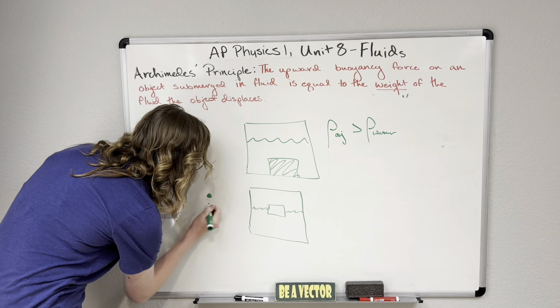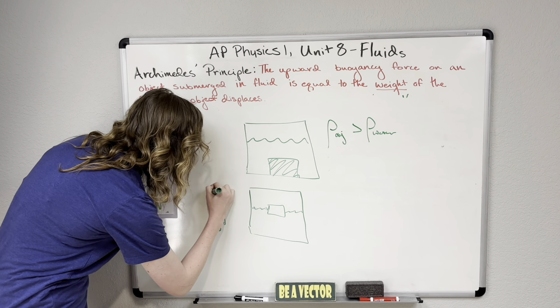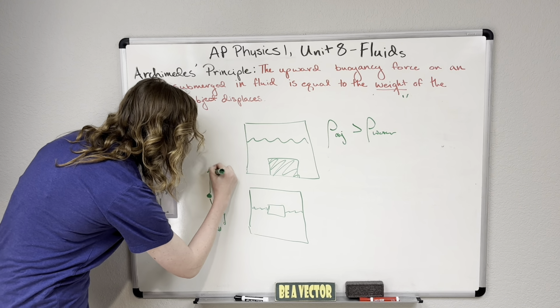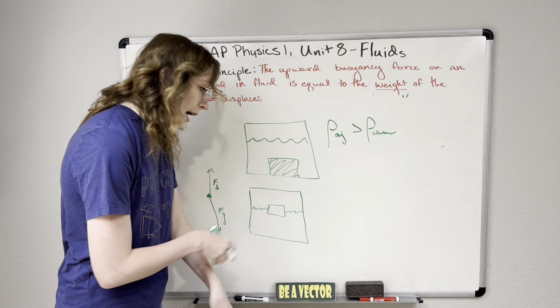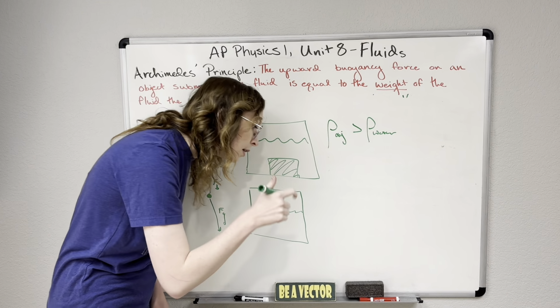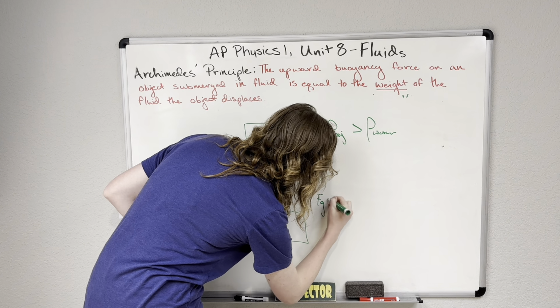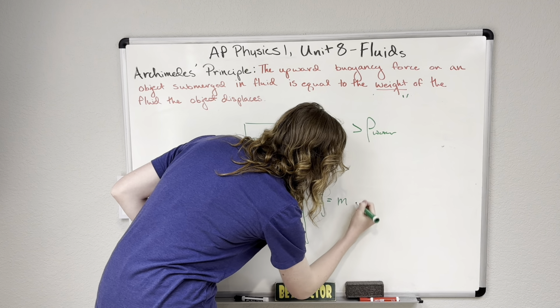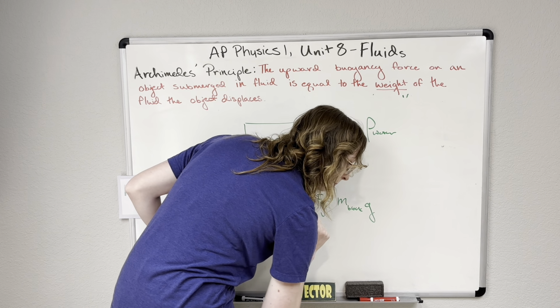We have our block. We know that the force of gravity is pulling down on our block, but we also know that the buoyancy force is opposing it, pushing upward, causing my block to float and not continue to sink downward. So the force of gravity on my block is just equal to the mass of my block times the acceleration of gravity, right?